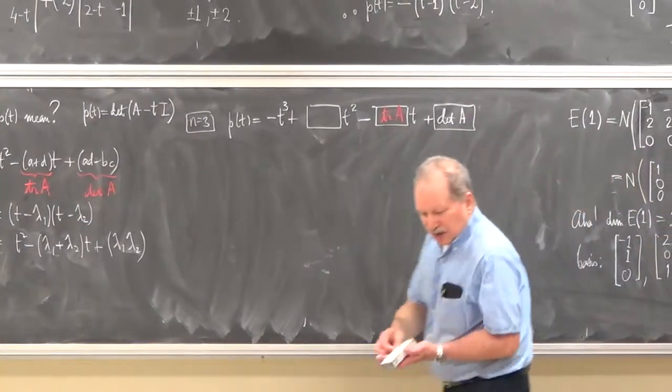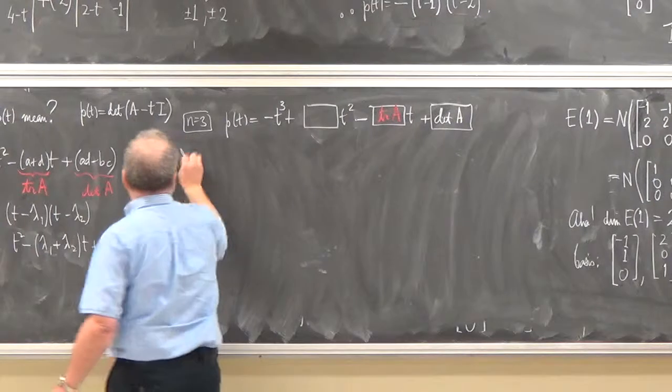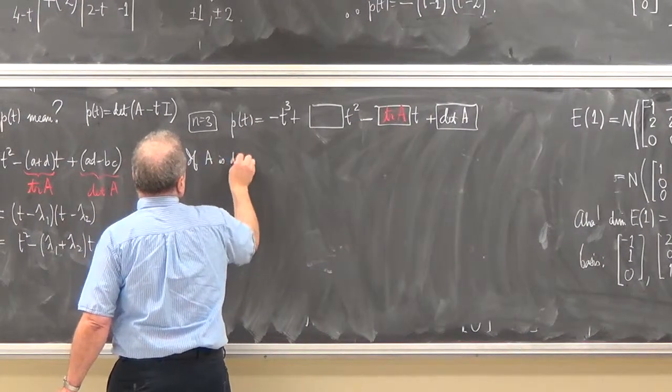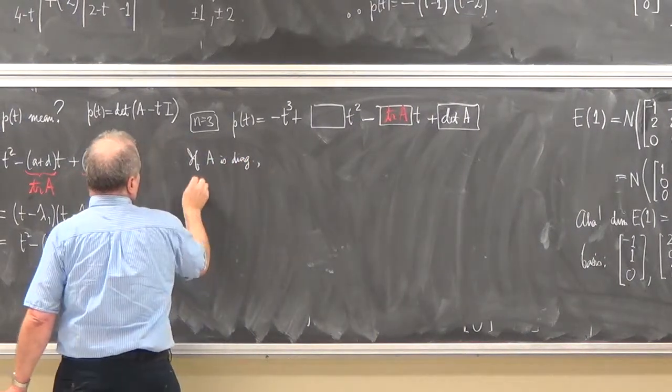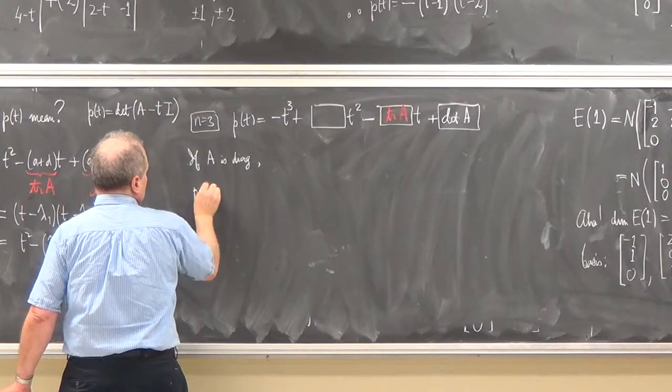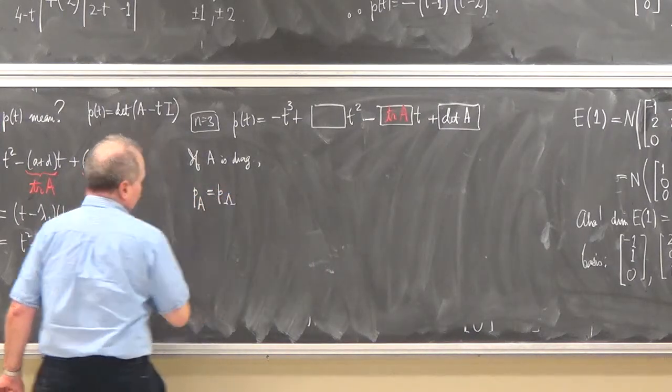Because if we could diagonalize A, the characteristic polynomial of A is the characteristic polynomial of the diagonal matrix.